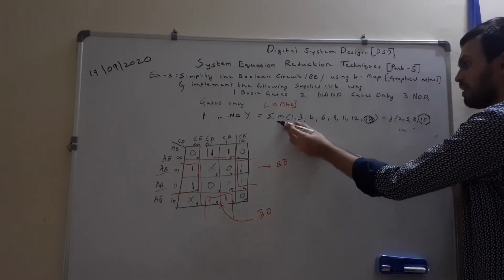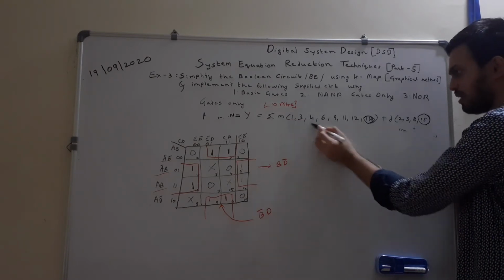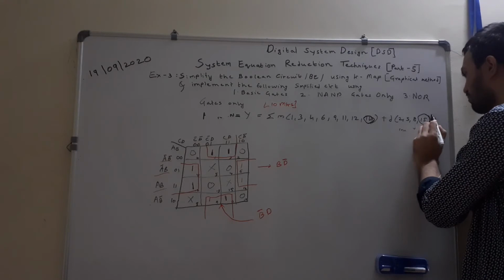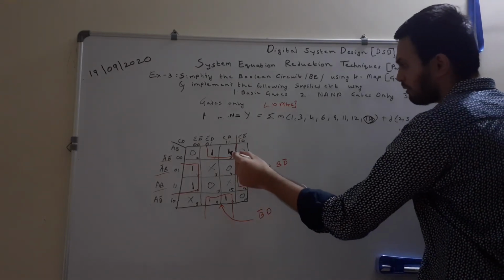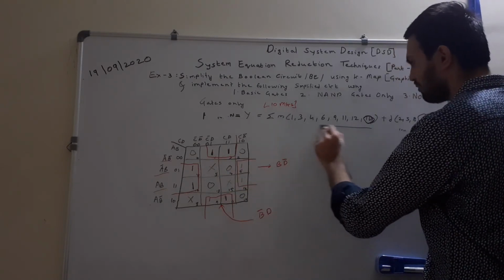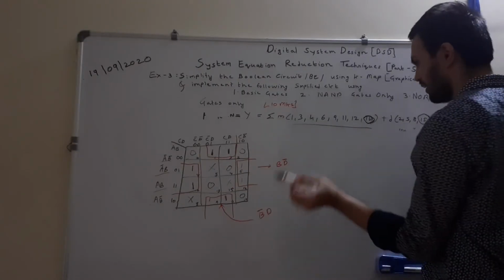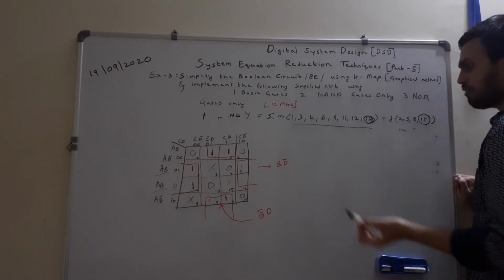So this was the system equation given to us, which we are going to simplify first using K-map. These are the min terms and these are the don't care conditions. Everybody knows by now how to fill the K-map, so I have filled it with respect to the min terms and don't care conditions. In the next step, I will start grouping them.